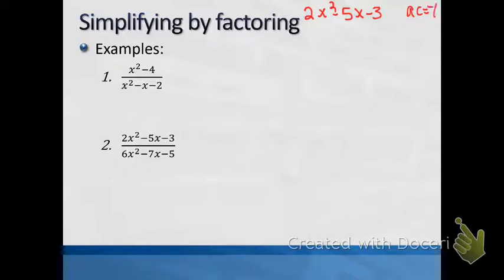Our AC value would be negative 6, B value would be negative 5. The two numbers that would multiply to negative 6 but add up to negative 5 would be negative 6 and positive 1. So we're going to replace our middle term with a negative 6x and a positive 1x, and we'll use the grouping method to factor those.